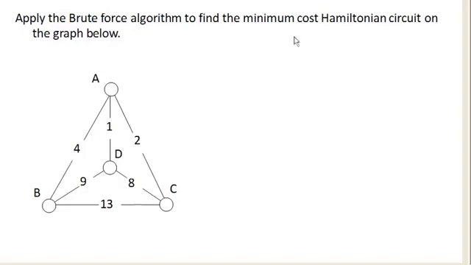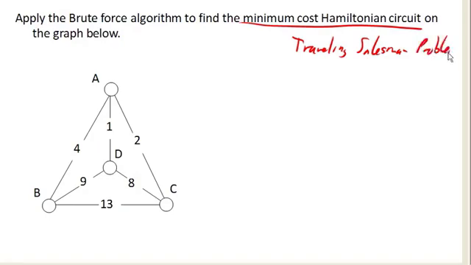We're interested in the minimum cost Hamiltonian circuit, and sometimes this is called the traveling salesman problem. And the reason is, you can imagine that you have a salesman who needs to visit these 4 different cities and they have to visit every single one of them, but they don't want to have to backtrack. So they want to visit each city and then return home at the end of the day.